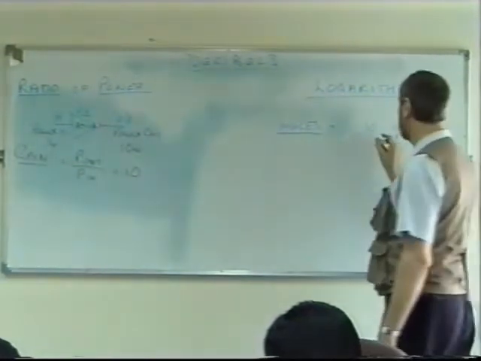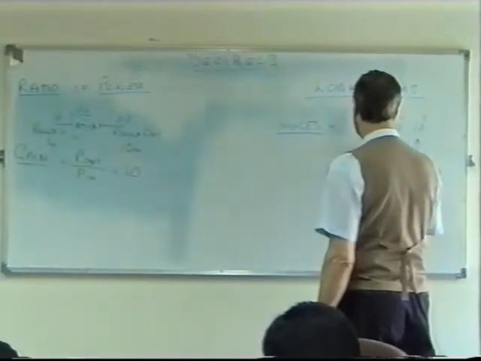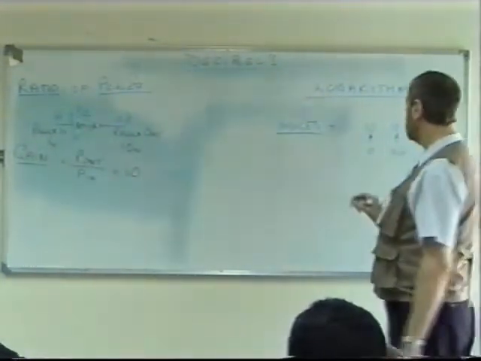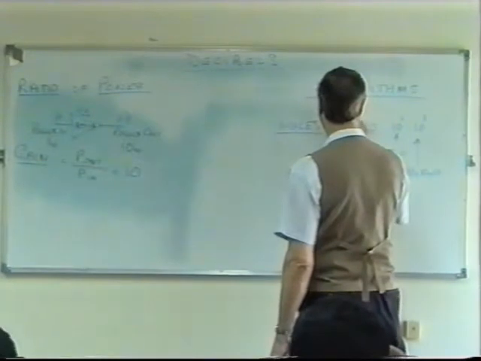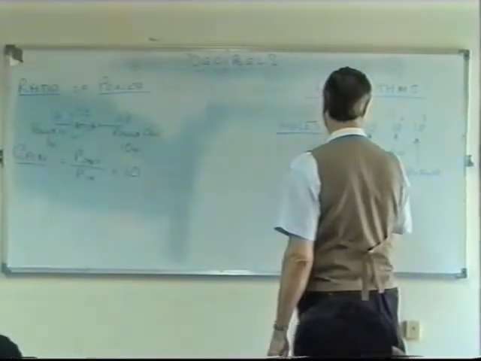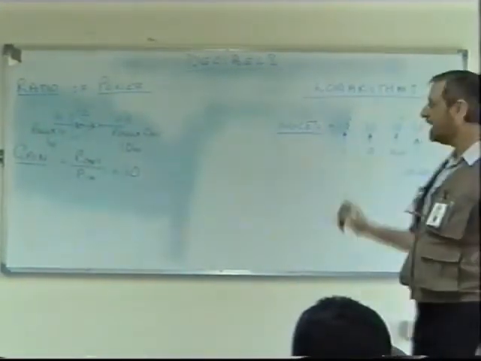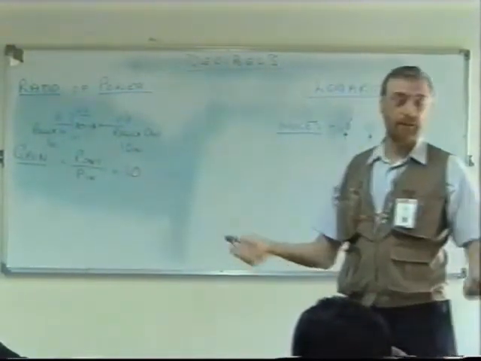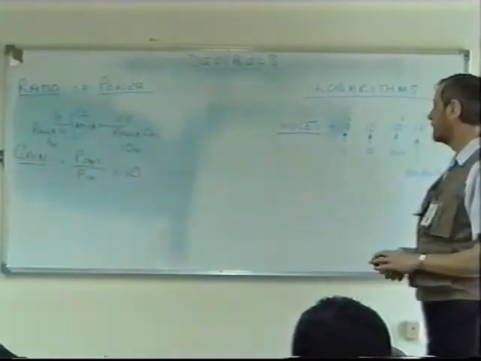What's 10 to the power 1? 10. Yes, just 10 multiplied by nothing else, just 10. Okay, what about 10 to the power 0? 1. Yes, you all remember that from your math days. In fact, anything to the power 0 is 1, isn't it? Whether it's 2 or 3 or 4, whatever it is, 1 in that case.